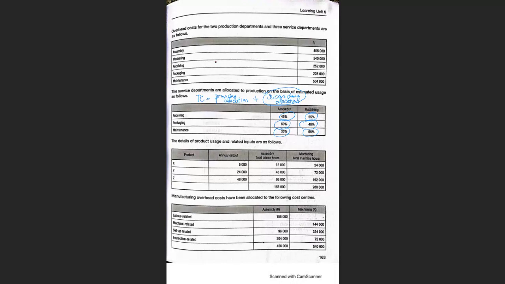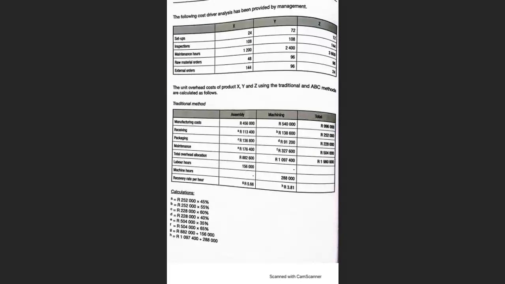The primary allocation is the department's own cost. So here on the next page, you're going to see that for the traditional method, you're going to show the department's own cost here. So you can say direct cost. Please write that down. Next to manufacturing costs.